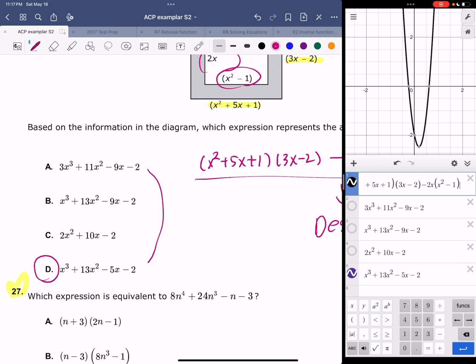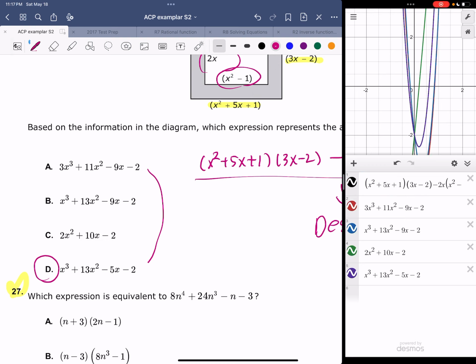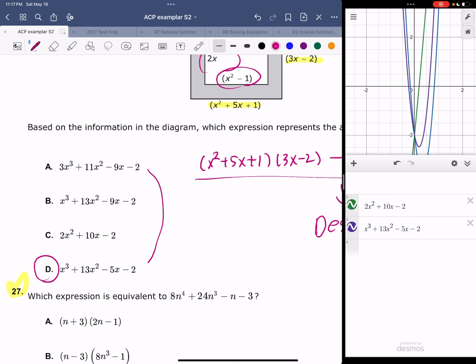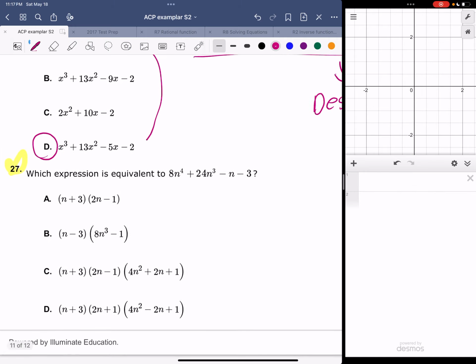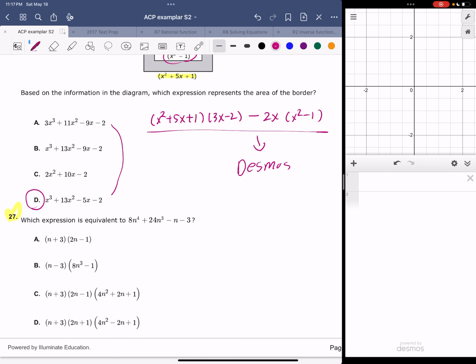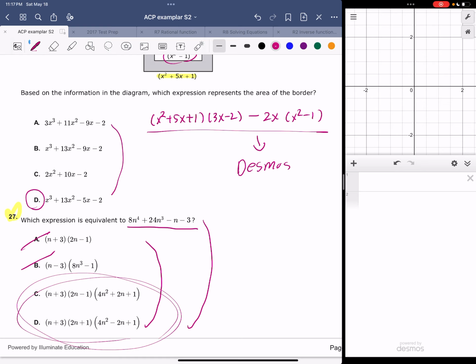The reason that I did not delete this 31 is just in case I put something wrong, okay? So don't just change this, because you can make a mistake. So question number 27, same thing: you put this into decimals, put every single one of these into decimals and see which one matches. But normally, these two cannot be the answer unless you don't find the answer here.